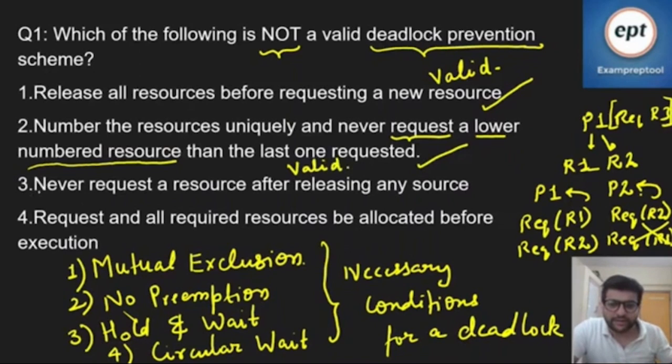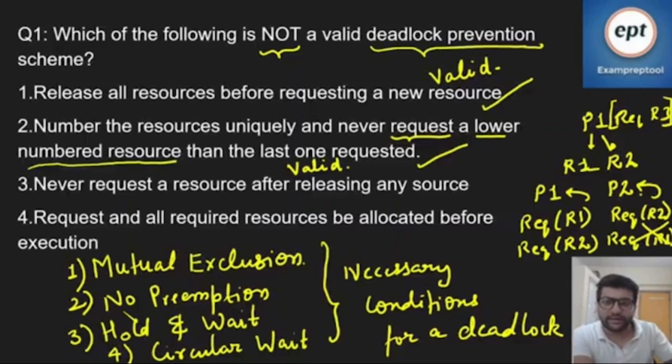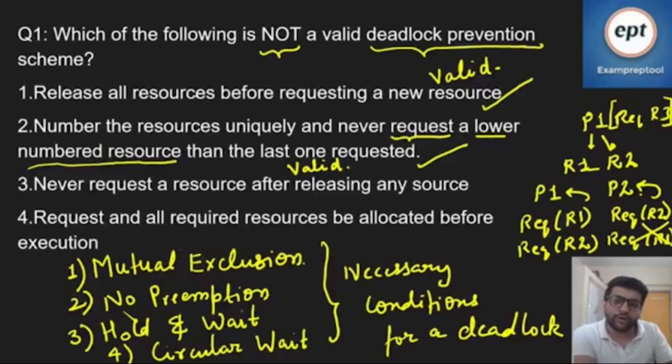And the third option says never request a resource after releasing any resource. So let's take an example, with P1 and P2. We want to create a schedule such that it is not requesting a resource after releasing any resource.